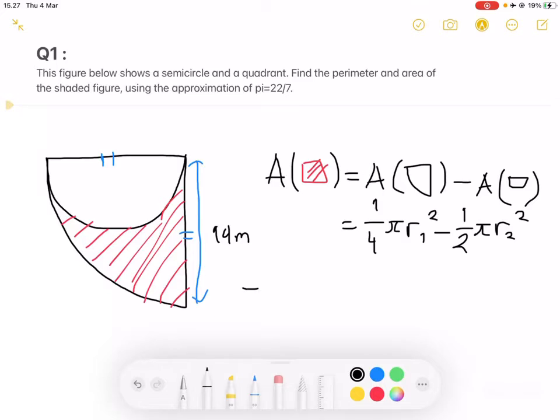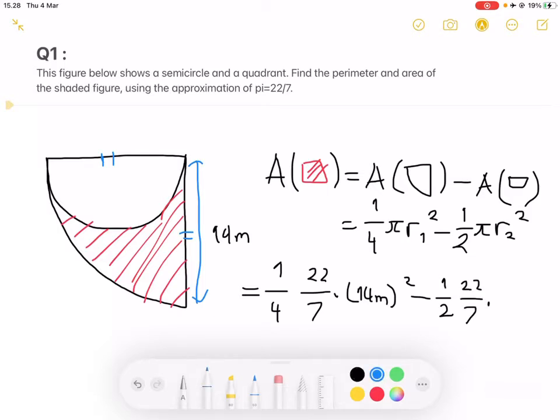And keep in mind, we're going to use the approximation of pi to be 22/7, and r1 is the radius of the quadrant, which is just 14 meters. Alright, and then we have a half times 22/7 times the radius in this case.